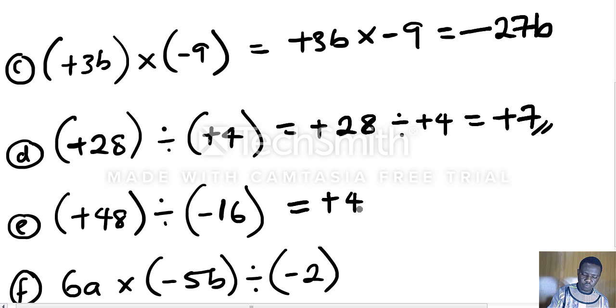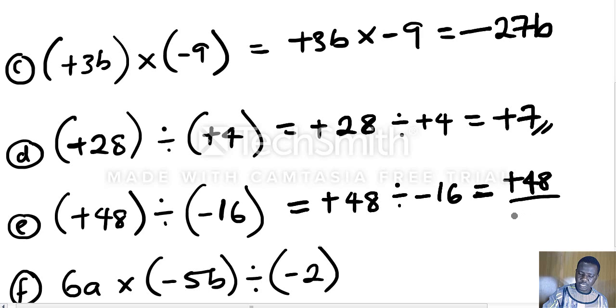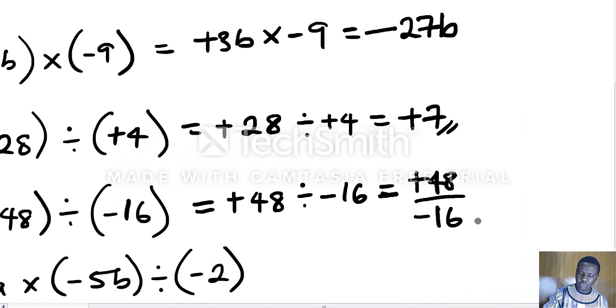Also, plus 48 divided by minus 16. This can also be written as a fraction, plus 48 over minus 16. And when you divide, plus divided by minus is minus. 48 divided by 16 is 3, but let's see, 2 into 16 is 8, 2 into 48 is 24, 2 into 8 is 4.